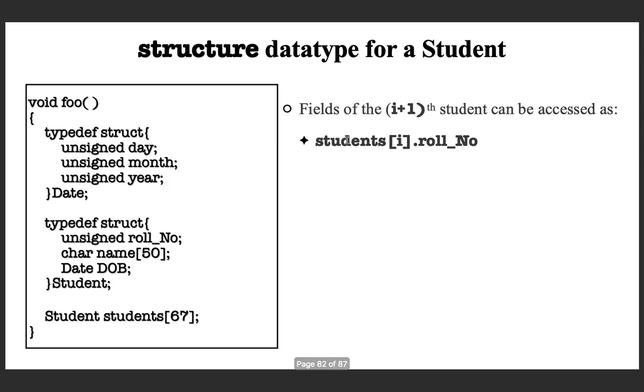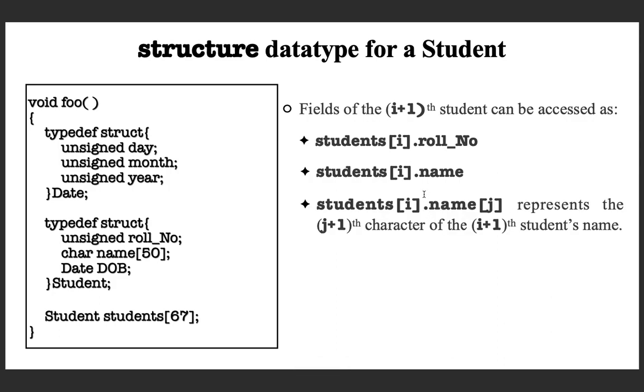So how will you access? students[i] gives the fields of that particular student. Roll number is the first field, name is another field, and if you want to access each character in the name, how will you access? So this is the name field and the jth character of that name. So it's just an extension of how you do it.